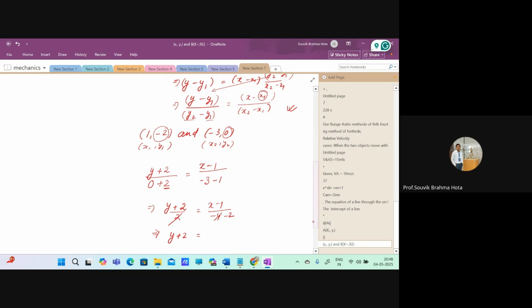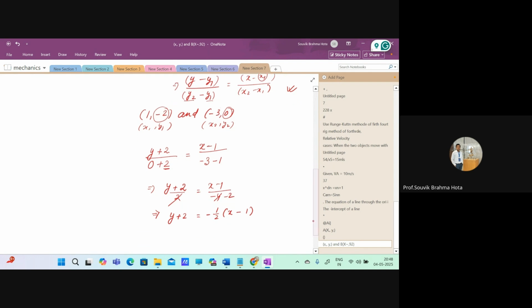So that can be written as minus half, if I take that out, x minus 1, because I am just dividing this by minus 2, just taking it a little bit out, not taking anything common.